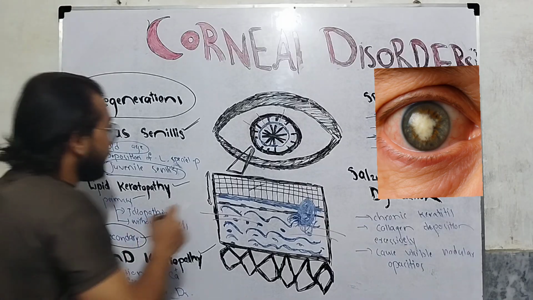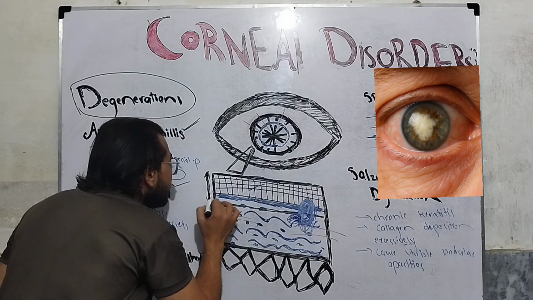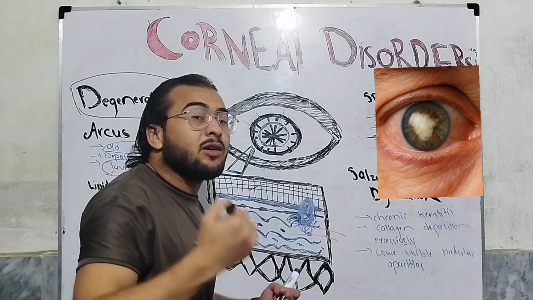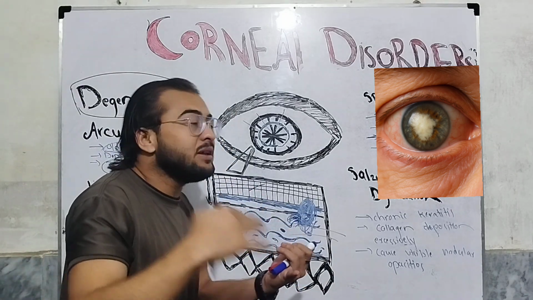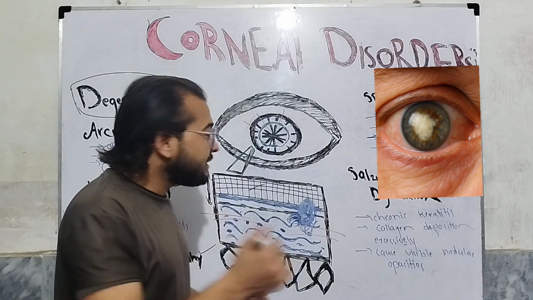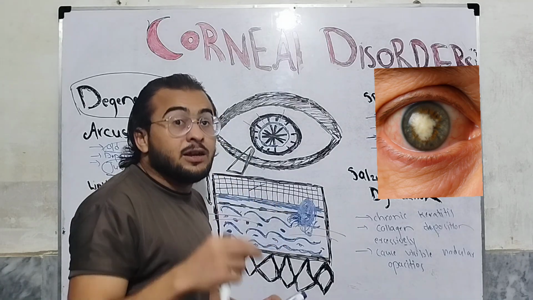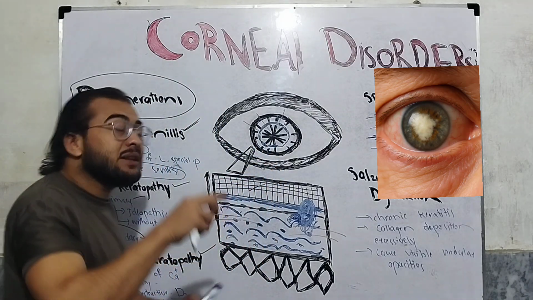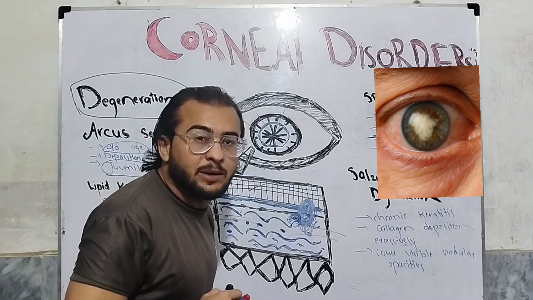Okay. Band keratopathy can occur metabolically or it can occur dystrophically. Metabolic calcification means that there is some problem with the calcium metabolism, but they say that metabolic calcification is rare. Most band keratopathy occurs due to dystrophic calcification.